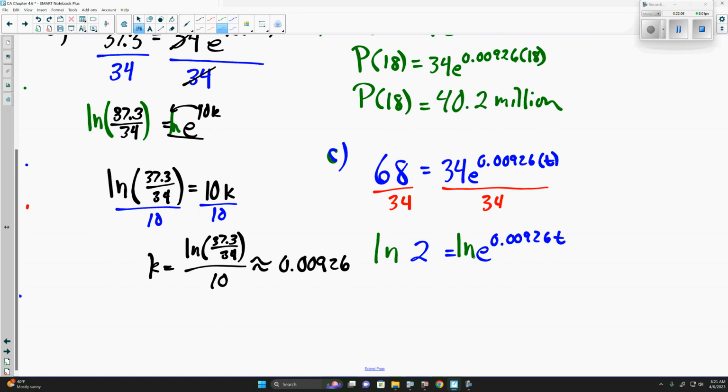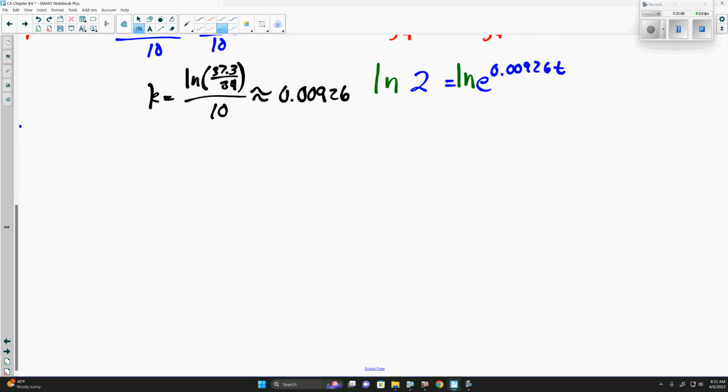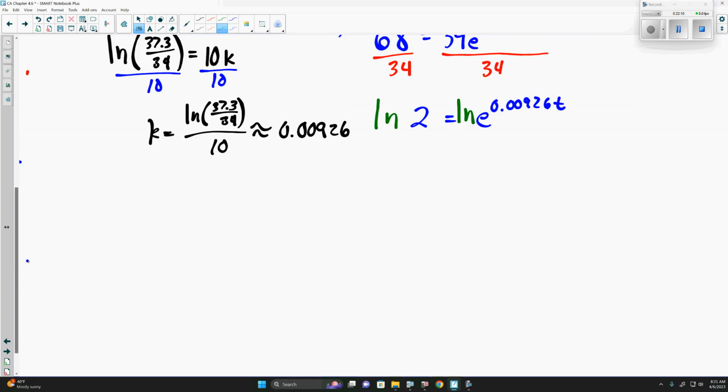Now the next thing we can do is take ln of both sides, like we did with the first part. On the left-hand side, we'll have ln of 2. On the right-hand side, the 0.00926t will come to the front, and again, ln of e is 1.